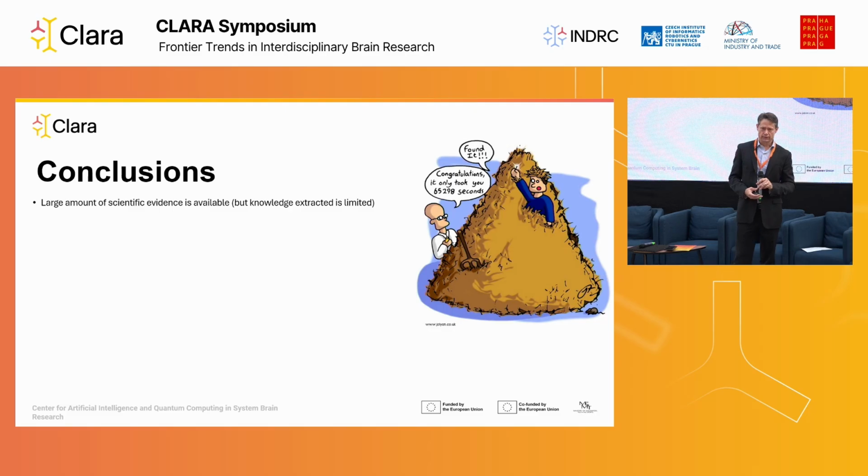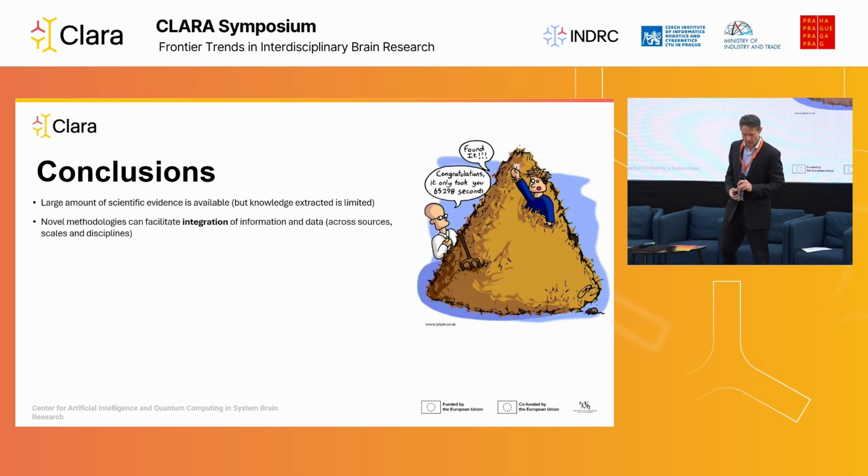So, again, there's a lot of information that's out there. A lot of scientific evidence is available. So, without digging further in the ground, could it be that the pile of dirt that we have extracted already contains useful knowledge that we have not yet extracted? It is possible.